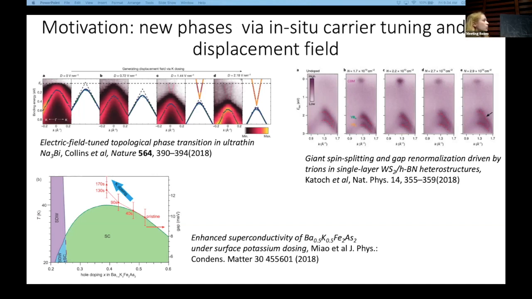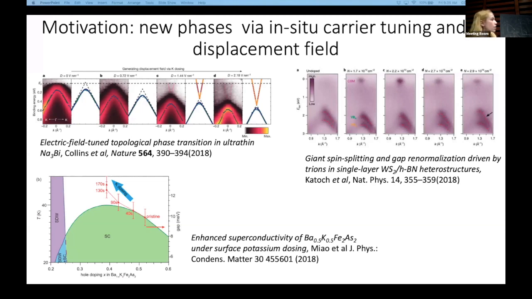These sorts of techniques have been used quite a bit in the iron-based superconductors, where carrier tuning does play an important role. There are some surprising results there. For example, this work claiming that the superconducting gap with potassium dosing is actually enhanced beyond what it is in the optimally doped bulk crystal.